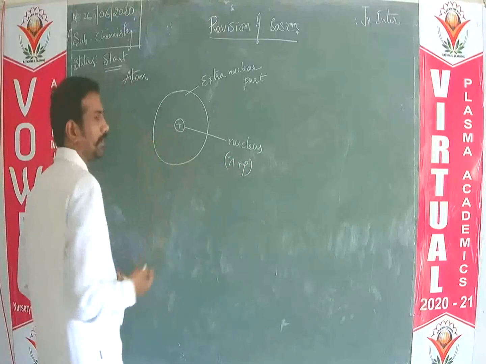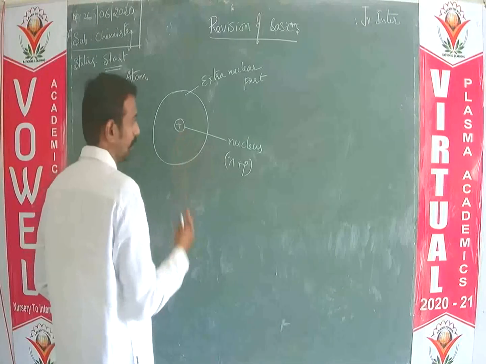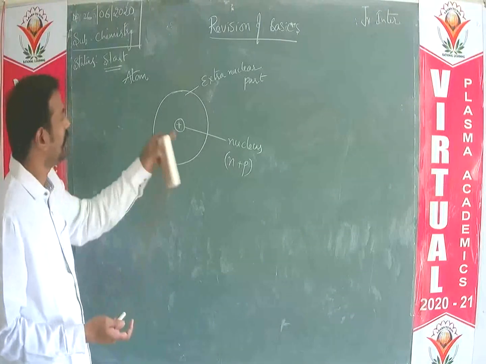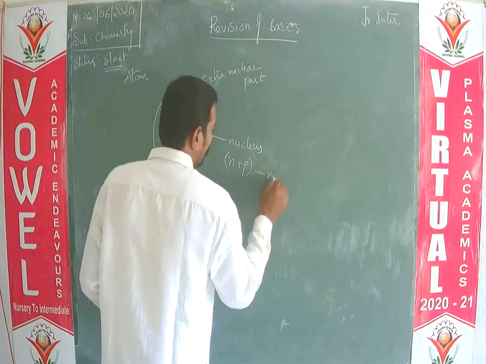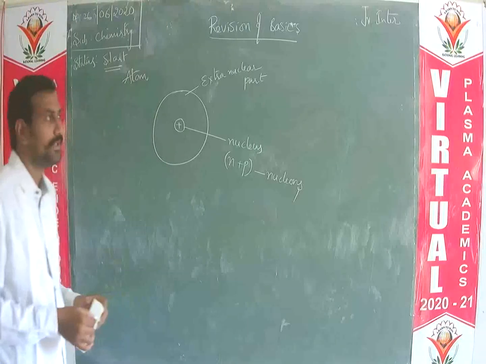Protons are positively charged and neutrons are chargeless, so the net charge will be positive, and these two particles are said to be nucleons.